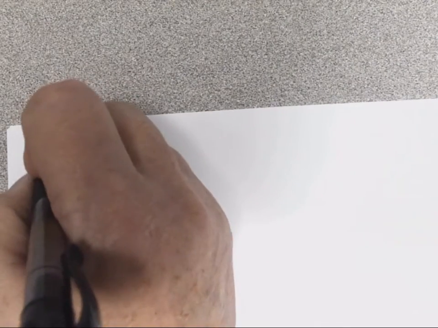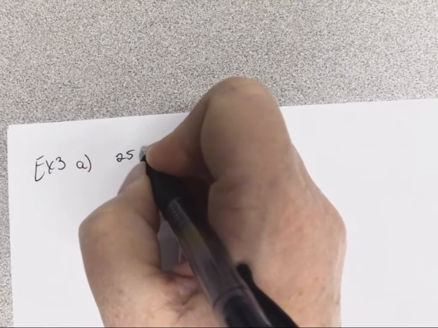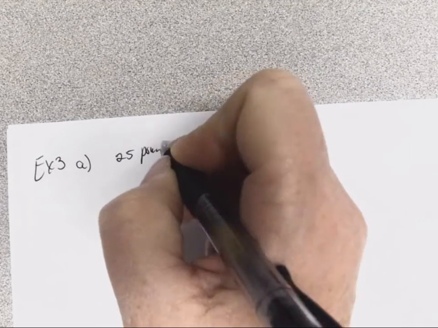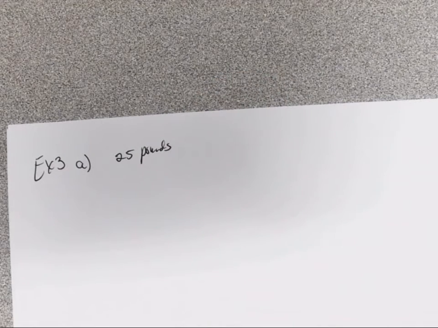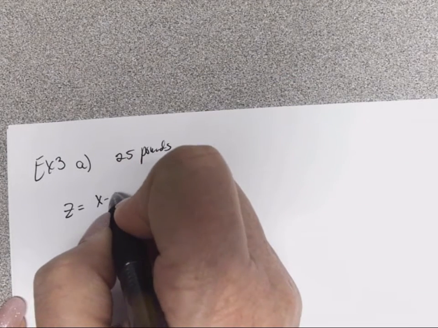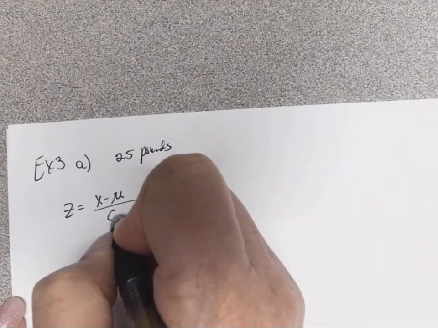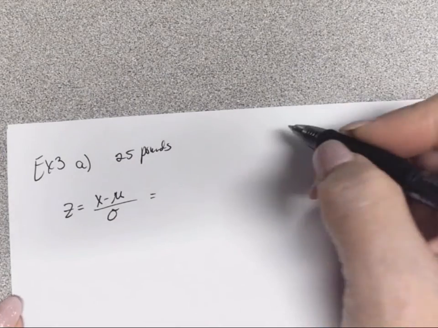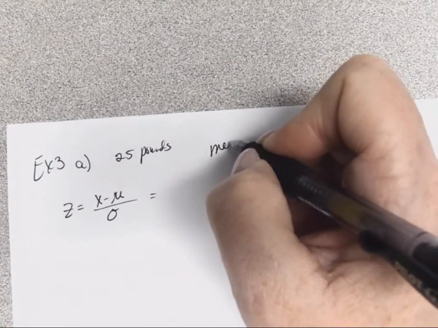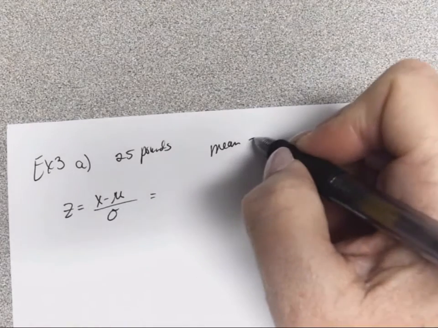So we're on to example 3, and we're looking at part A, 25 pounds. Remember, z is equal to x minus mu divided by sigma. So we need to know what our values are. First, we were told the mean, and the mean is our mu part. The mean that we were given was 20.